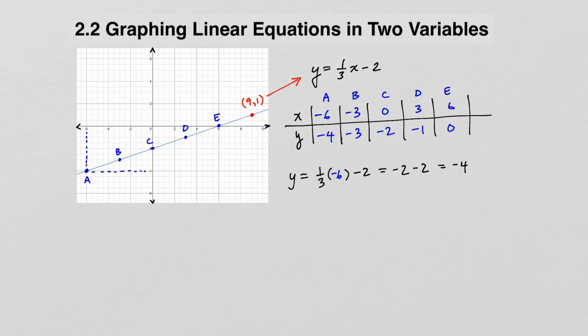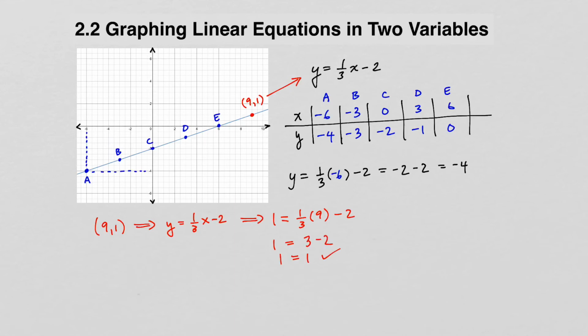So if we take the point 9, 1 and plug it into the equation, this gives us y, which is 1, is equal to 1/3 times x, which is 9, minus 2. If you do the math, 1 equals 1/3 times 9 is 3, minus 2. And this says that 1 is equal to 1.